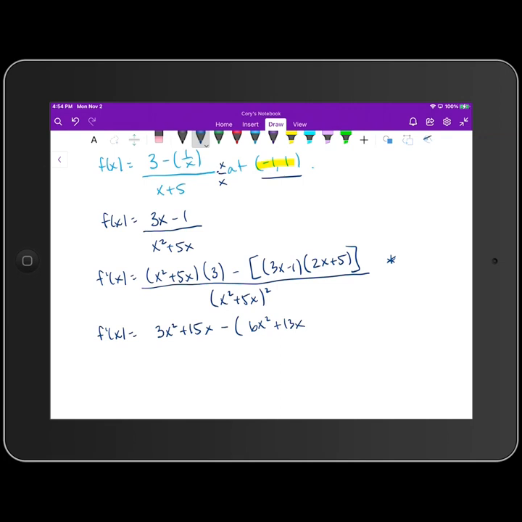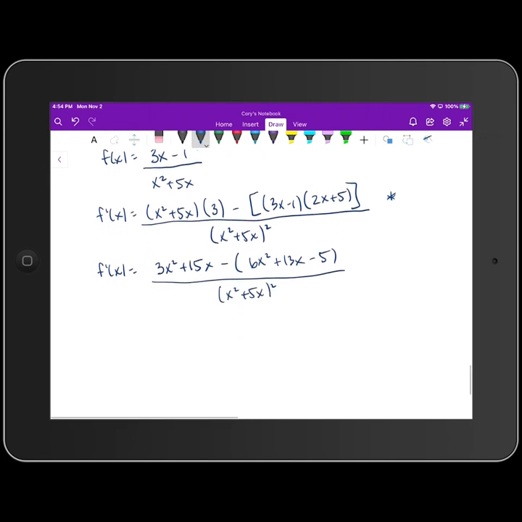And then -1 times 5 is -5, all over x squared plus 5x quantity squared.